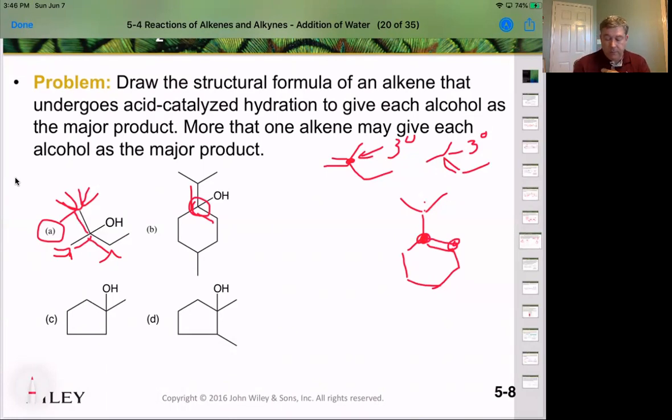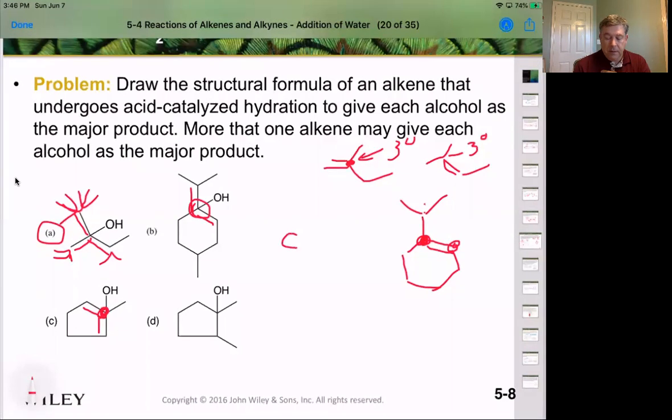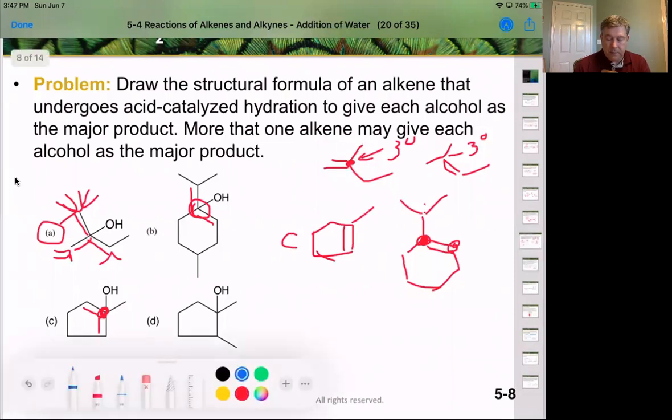So for part C, again, we would want to do it such that we have the double bond here or here so that we could only generate a tertiary carbocation here. But that makes this one different. So C is going to be where the double bond is in the ring here. But D has to be different. Let's look at D more specifically.